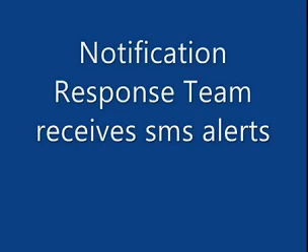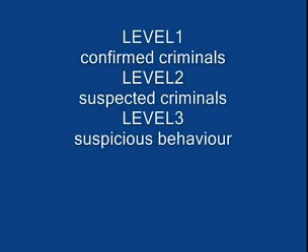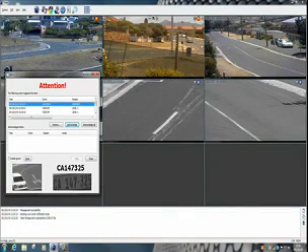We have formed a notification response team which receives these SMSs, and we've categorized them in 3 levels. This is an example of how a flagged vehicle would trigger a notification. If you watch the top middle picture, a white car enters our area.